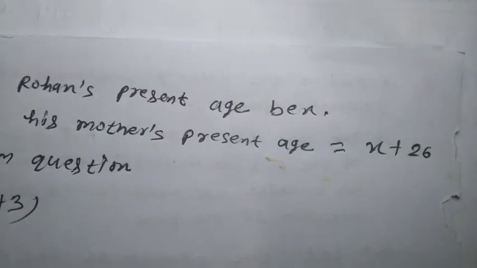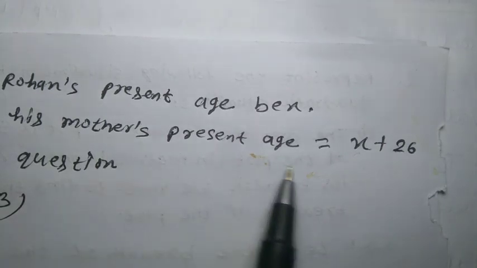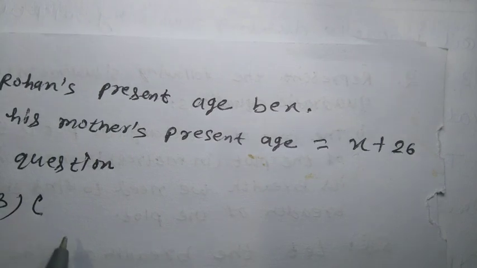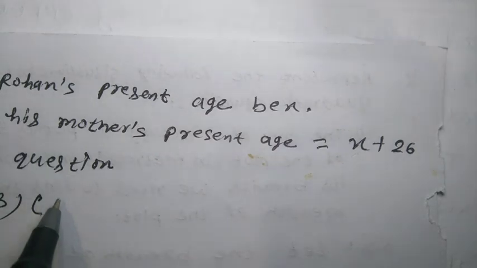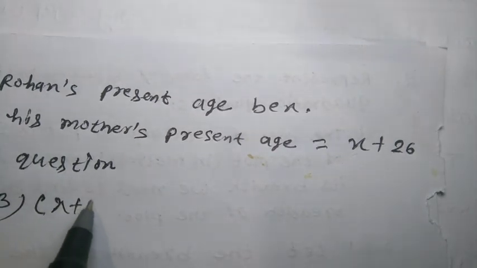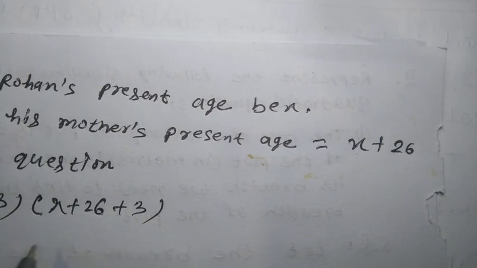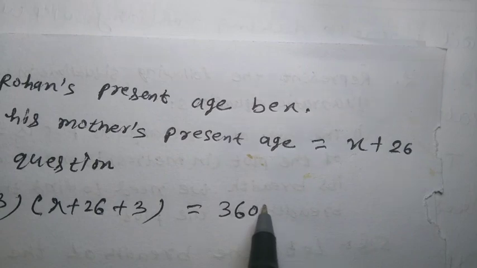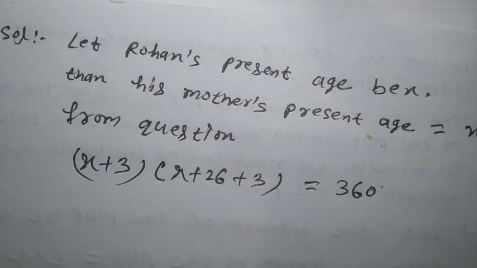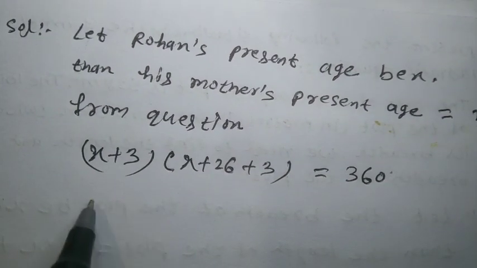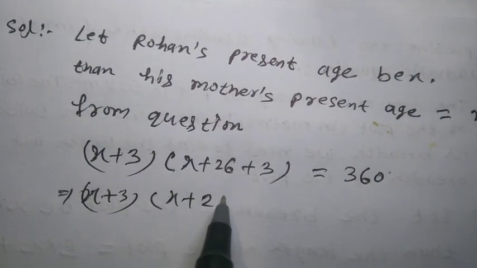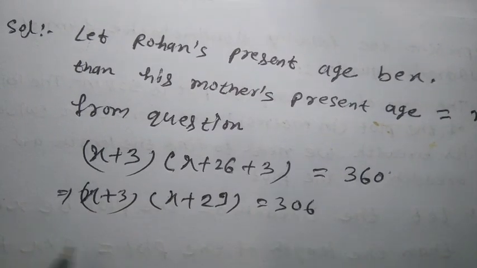Now the mother's age is x plus 26 at present, so 3 years from now it will be x plus 26 plus 3 more, that is x plus 29, and the product is equal to 360. Now multiplying, implies x plus 3 into x plus 29 is equal to 360.